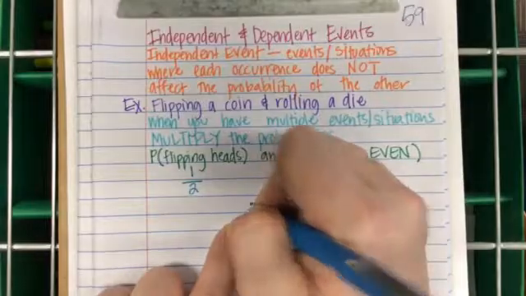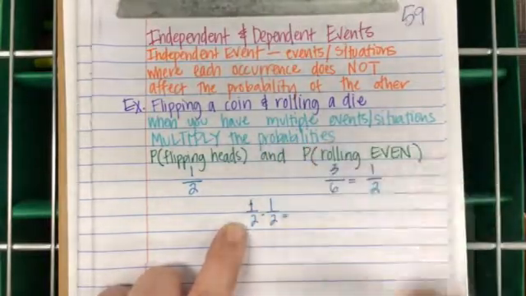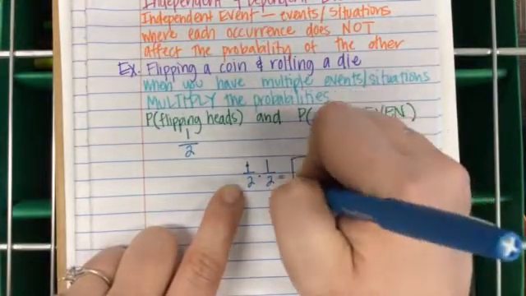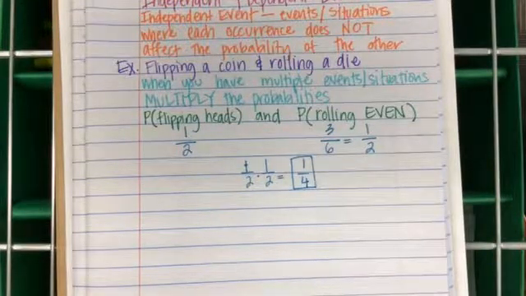So I'm going to do 1/2 times 1/2, which is what? 1/4. Remember, in multiplying fractions, numerator times numerator, denominator times denominator, you're done.